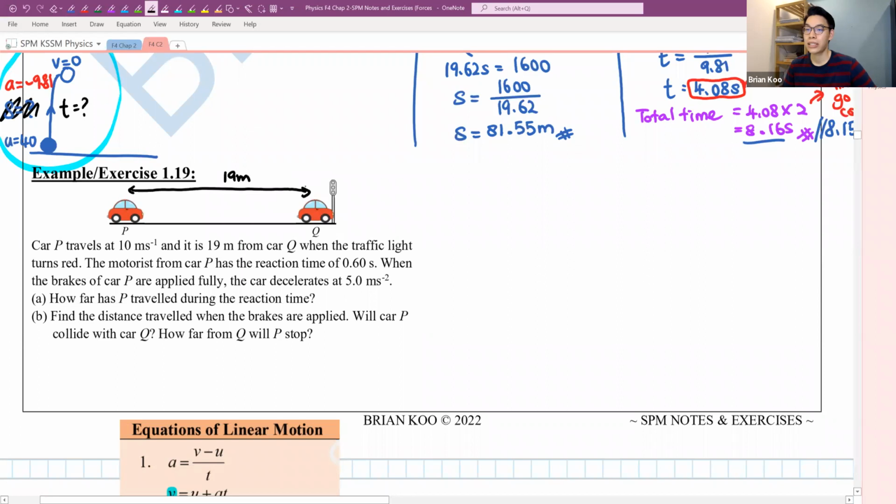When the traffic light turns red, the motorist, or the driver, is the same meaning, from car P has a reaction time of 0.6 seconds. Reaction time means, as a driver, if you see the traffic light turns red, you don't immediately press the brake. You need to see, then process, and then your leg will step on the brake. So this reaction time is the time for him to think.